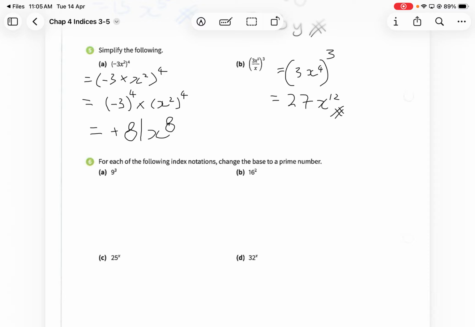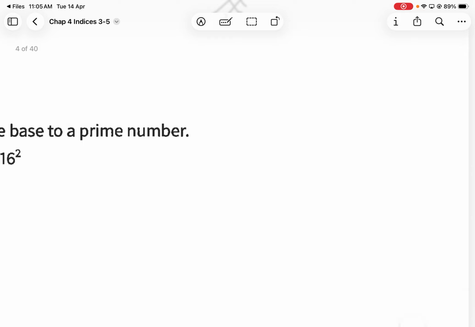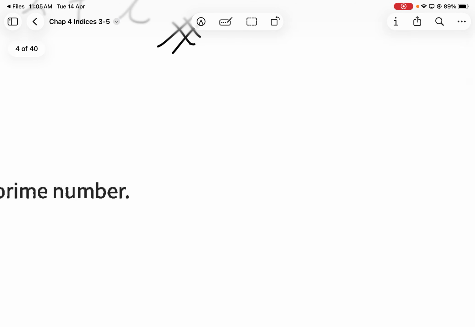Can I start? Okay, yesterday we started on indices. I want to do a quick recap. Indices is when we write a number with its power.